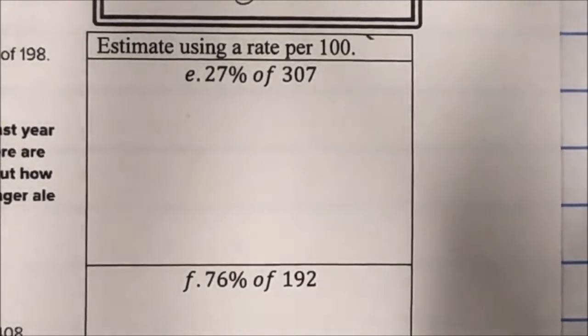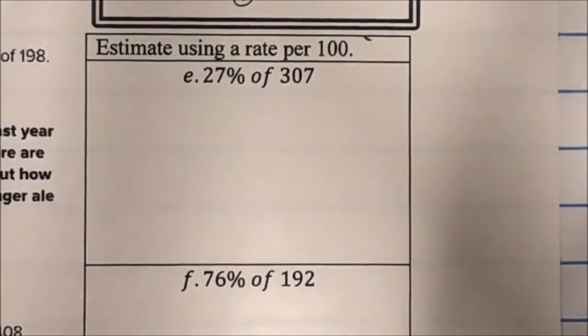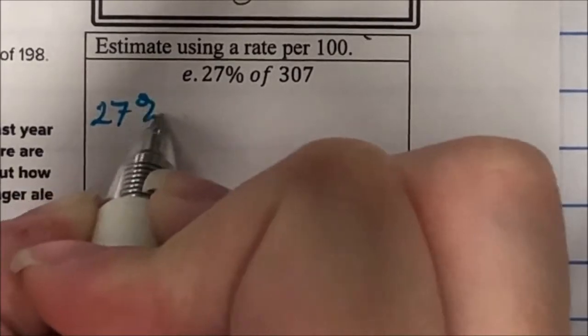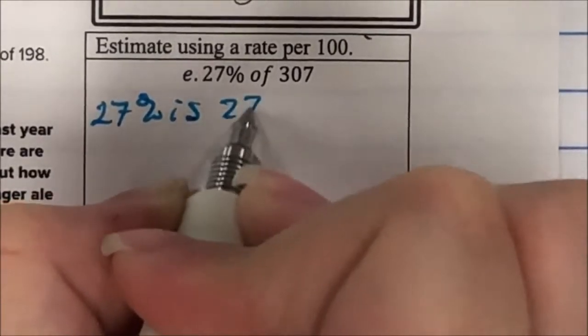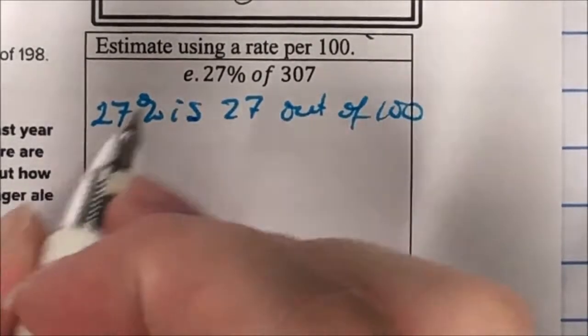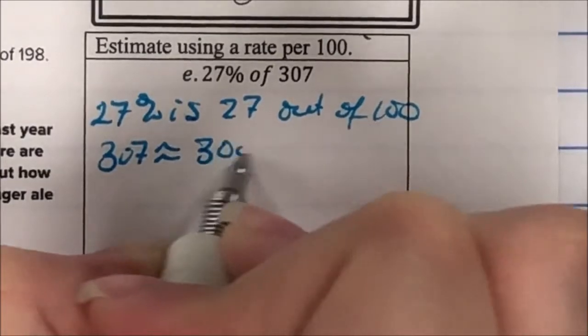The first one, E, says 27% of 307. So 27% is 27 out of 100. 307, I'm going to round to 300.